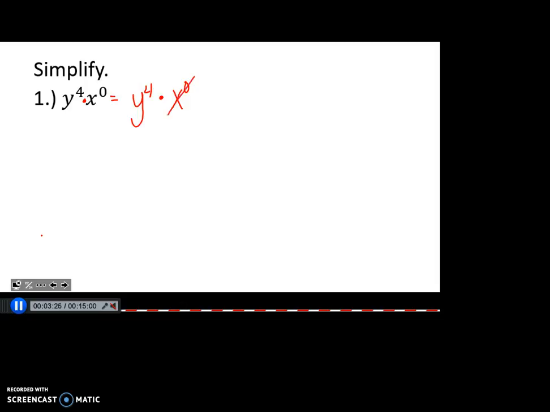So the x to the 0 power will go away and become 1. And since 1 times y to the 4th is still y to the 4th, our final answer is just y to the 4th.